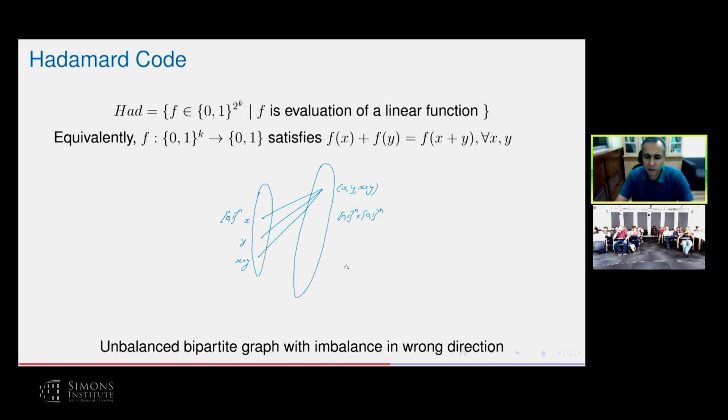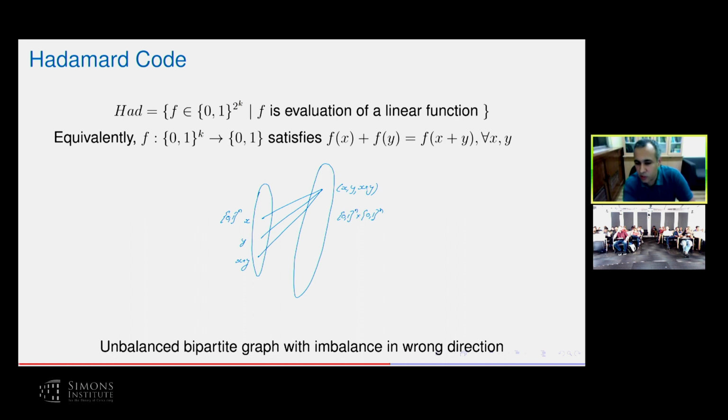Notice that previously, when we were talking about the bipartite graph corresponding to codes, the right-hand side was always considerably smaller than the left-hand side. In fact, that was what actually gave us the rate of the code. But here, once I describe the Hadamard code this way, I'm throwing in all the constraints. These are far more constraints than required to express the Hadamard code.